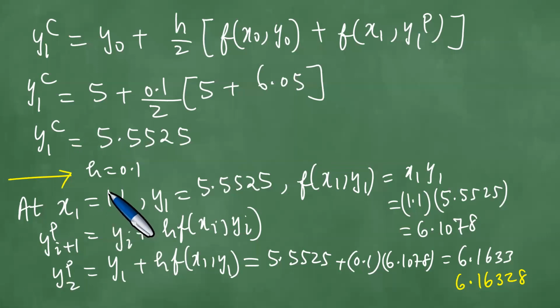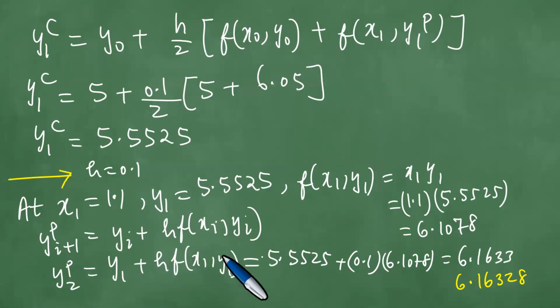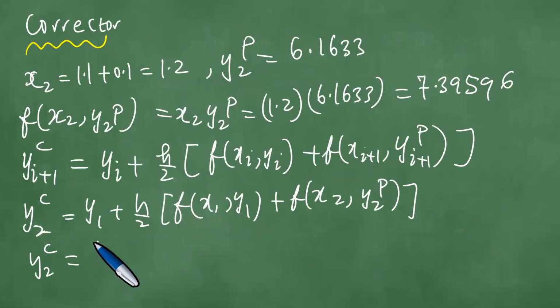And then now the y1 here is what? Okay, you can see the y0 is that. So what is the y1 we used in the predictor? It is 5 point that, which is exactly this. So we're going to use the same 5.5525 plus.